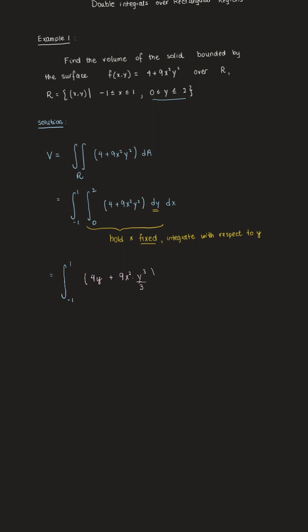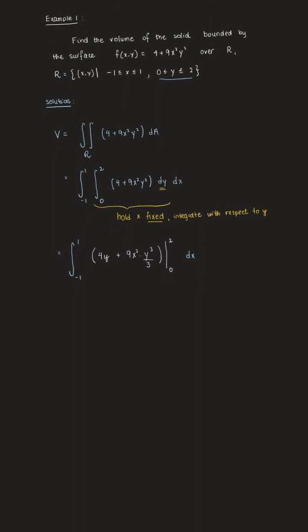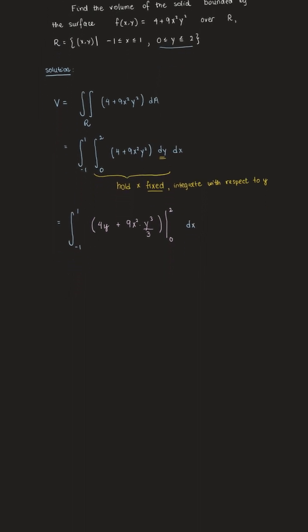Now that we've integrated the inside with respect to y holding x fixed, we're going to evaluate that from 0 to 2, our values along y, and then on the outside we still have a dx because we still have to add up all the areas of all of those slices that are represented by the area represented in pink.